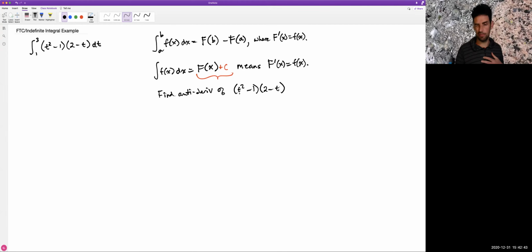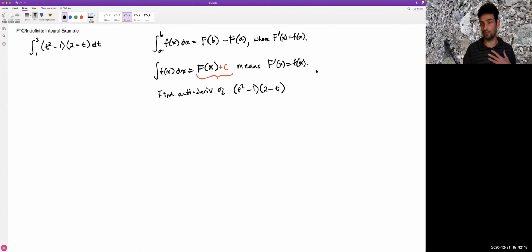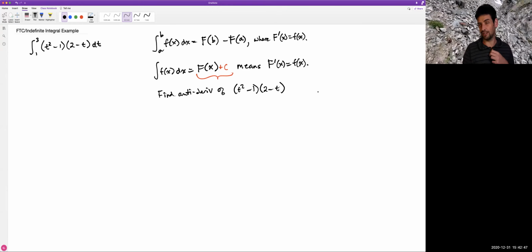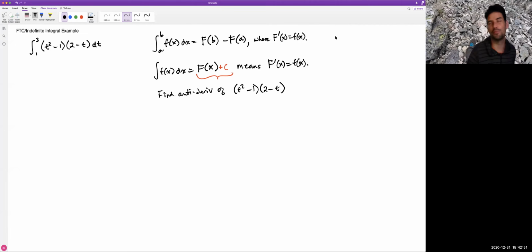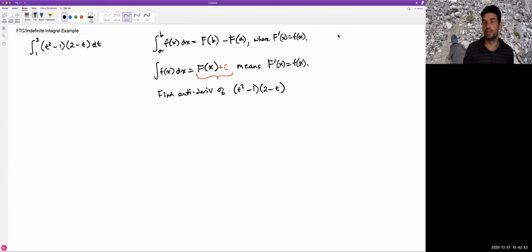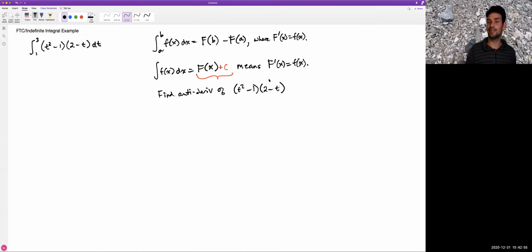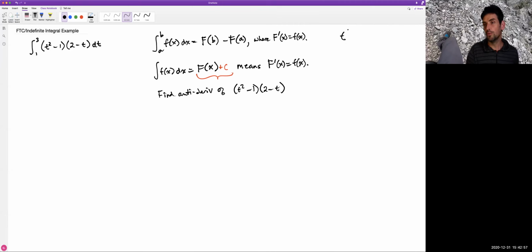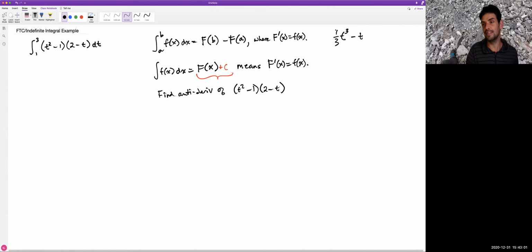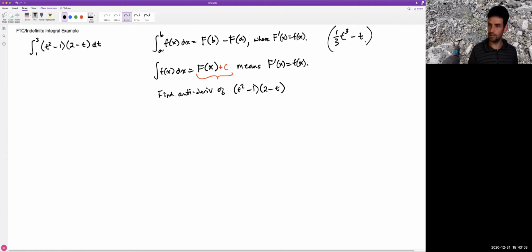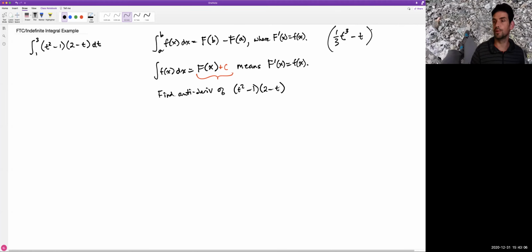An easy mistake would be to look at these two pieces individually. Let's do a little scratch work off to the side. A function whose derivative is t squared minus 1 would be t cubed over 3 minus t. You can take that derivative and you'll see that you get exactly t squared minus 1.